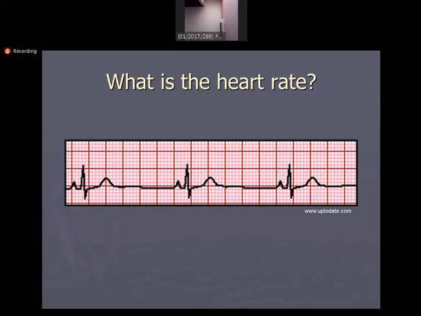You see this type of ECG strip which shows boxes. Here you see some large boxes and small boxes. If you go horizontally, it means time. If you go vertically, it means voltage.